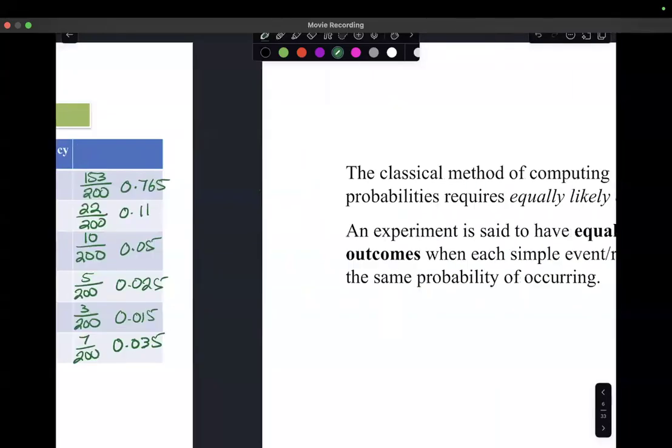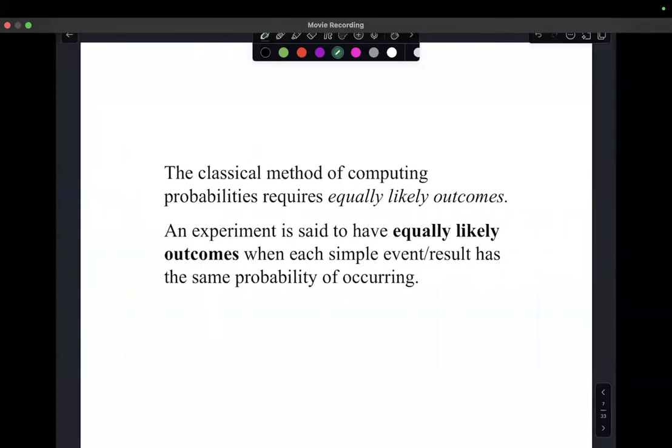Okay, good. So the classical method of computing is also called theoretical probability. That's the way I learned it. They call it the classical method. I call it theoretical probability.